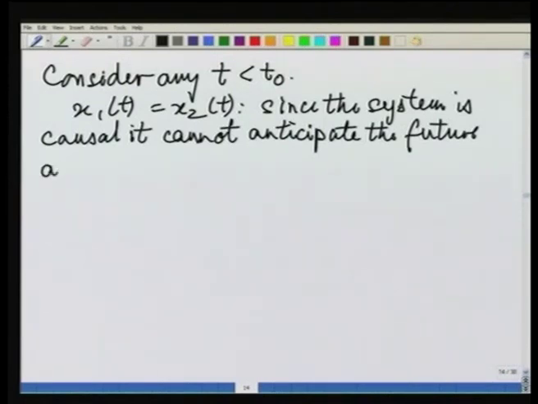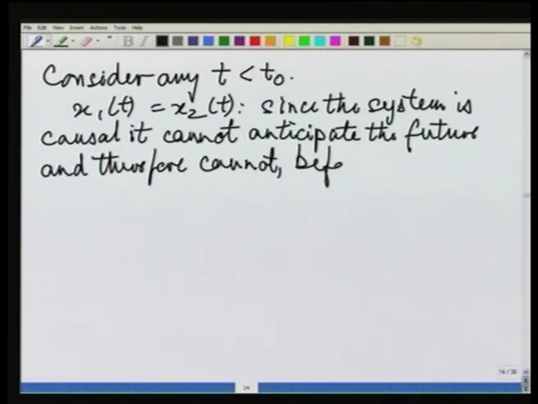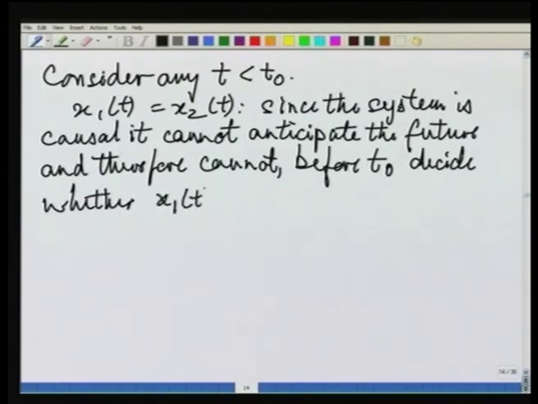And therefore, it cannot before t naught decide whether x1t or x2t is being applied.